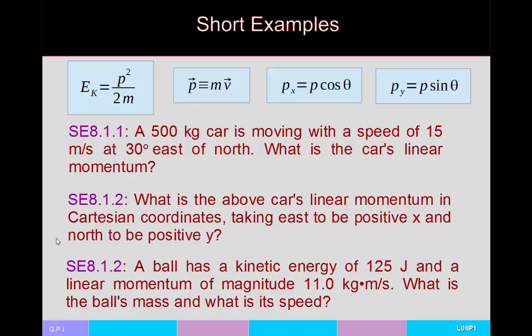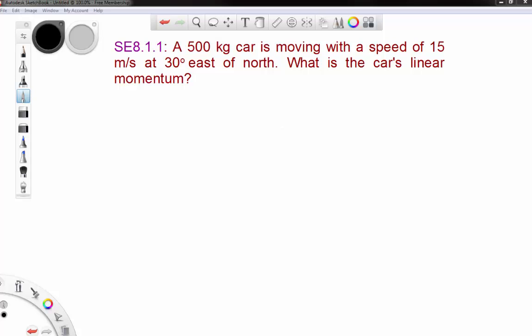So let's look at a few examples to put all these equations to use. So suppose you have a 500 kilogram car which is moving with a speed of 15 meters per second, 30 degrees east of north. What is the car's linear momentum? All right. The momentum is going to be given by the mass times the velocity.